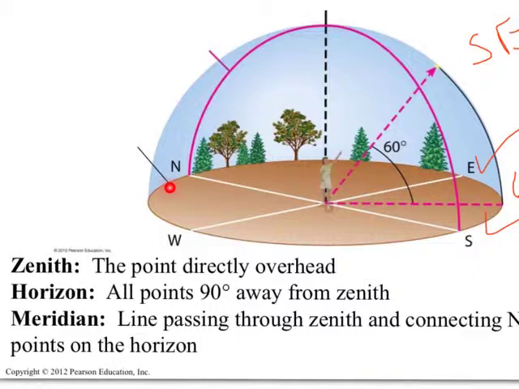There is one important line called the meridian. In order to identify the meridian for a person in their local sky, you need to understand where the zenith is for that person, and the due north and due south. So this line right here is the meridian for that person's local sky.